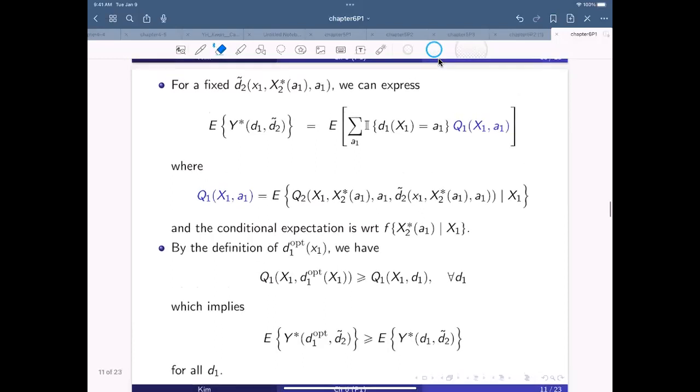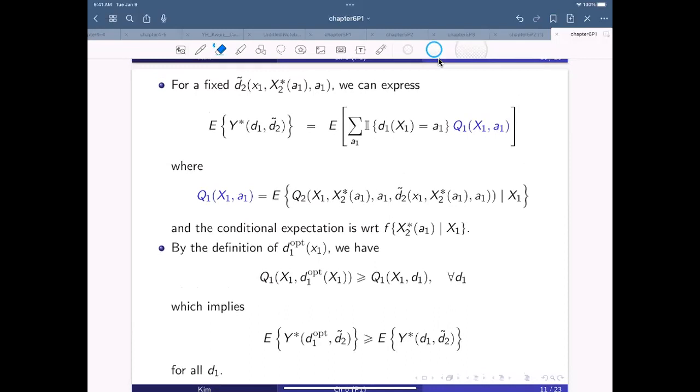Of course you can consider Q1 and achieve this one.